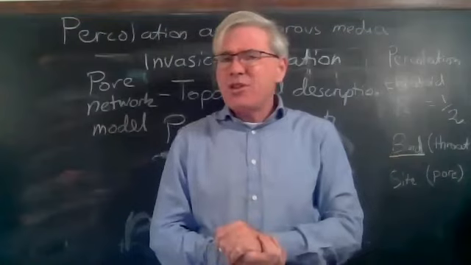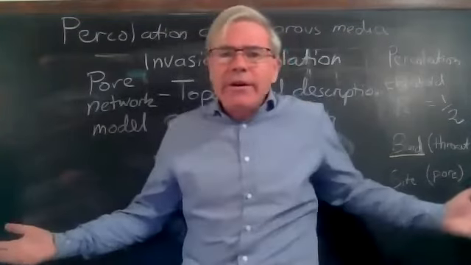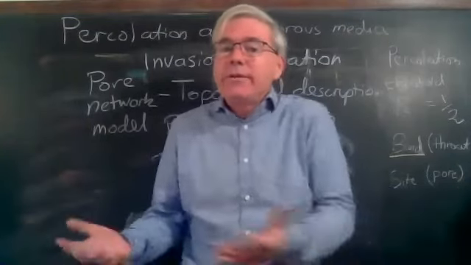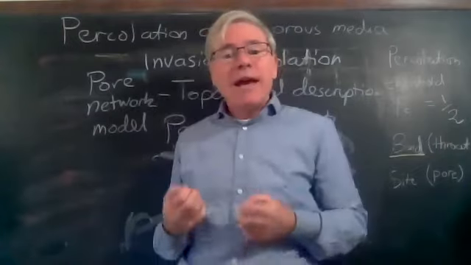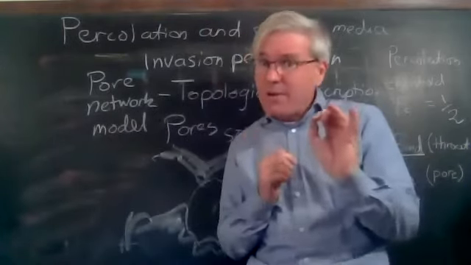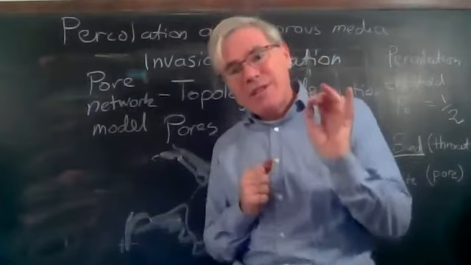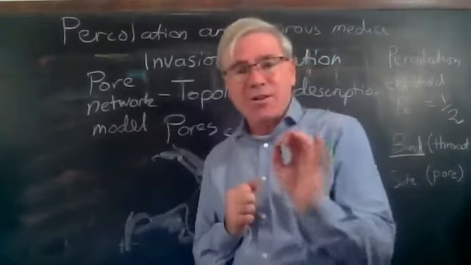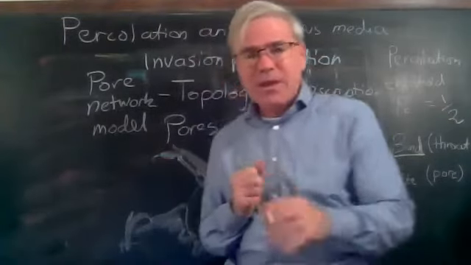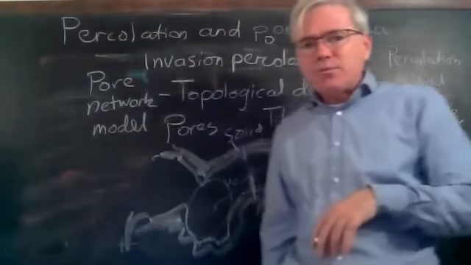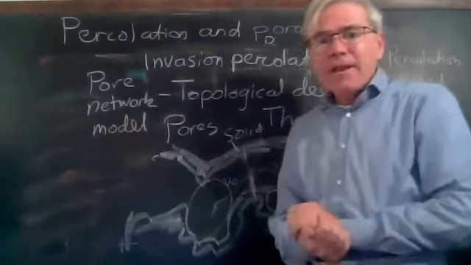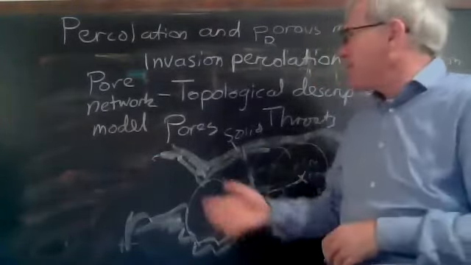Fascinating, but totally useless if you want to get around the city. You'd use the tube map, wouldn't you? Because it's a representation, it's a simplification, of course, but it's a simplification that gives you the essence of fluid flow.